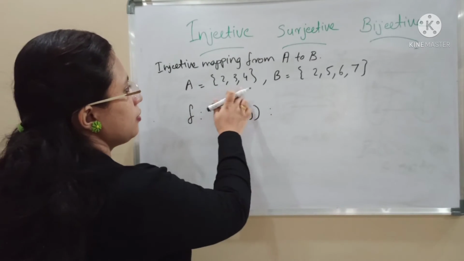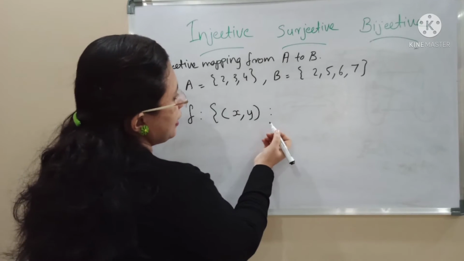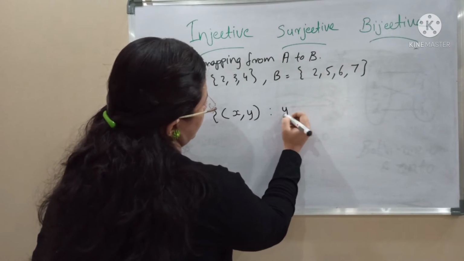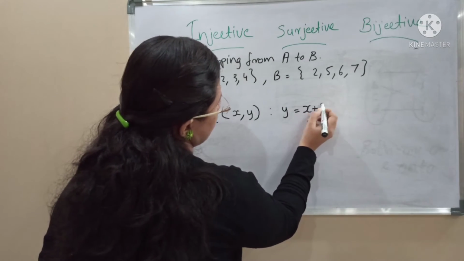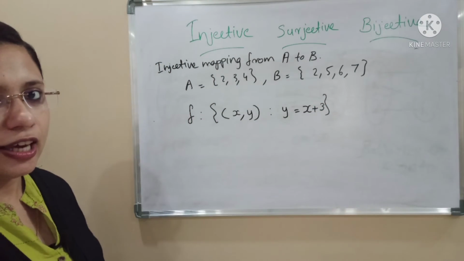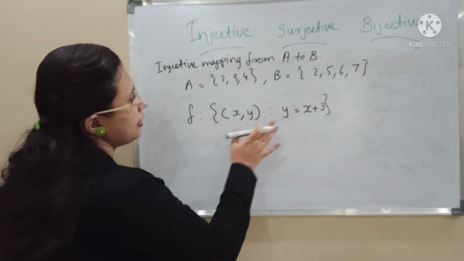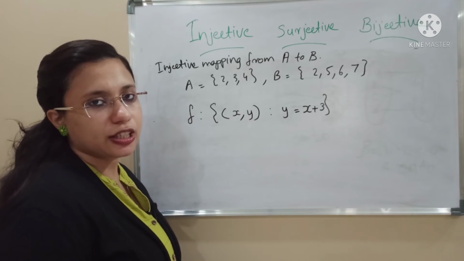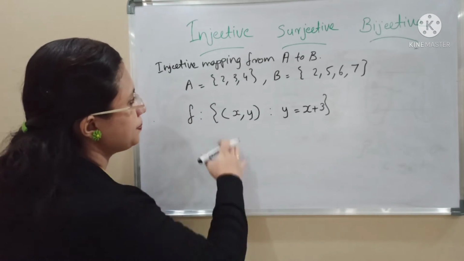So if we take that relation y equals x plus 3, then we can define here an injective mapping, right?